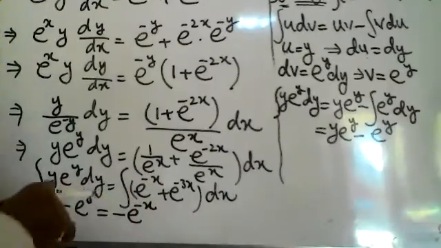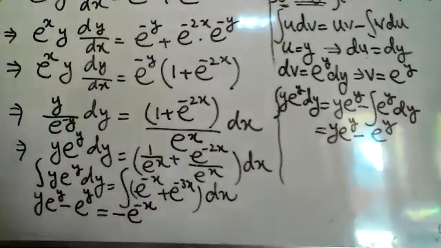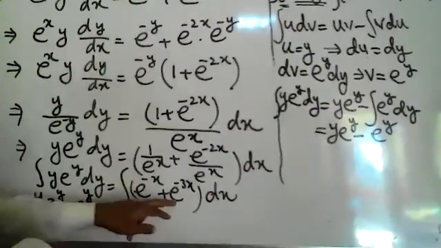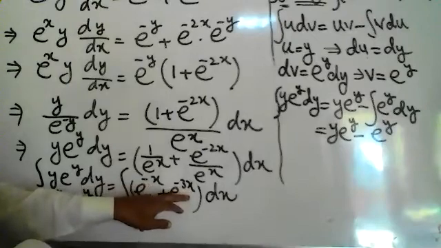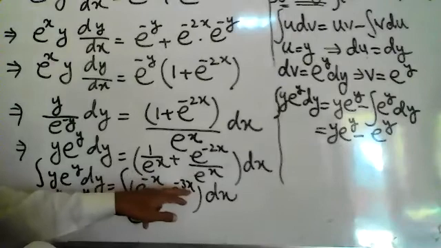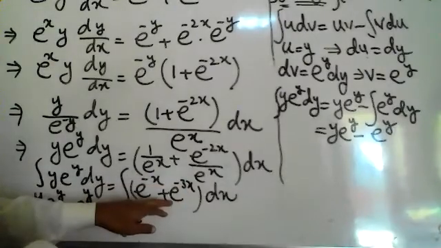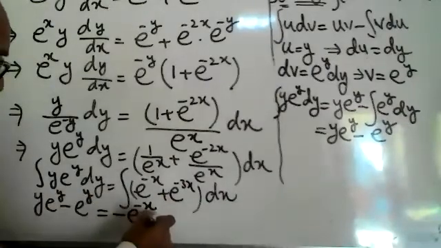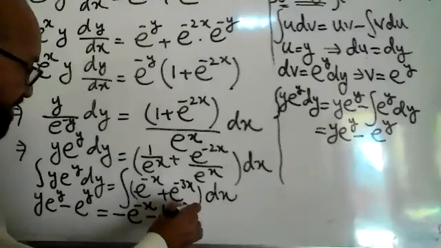In the same way, the integration of e raised to power minus 3x will be e raised to power minus 3x divided by the derivative of minus 3x, that is minus 3. So it will become minus 1 upon 3 e raised to power minus 3x.